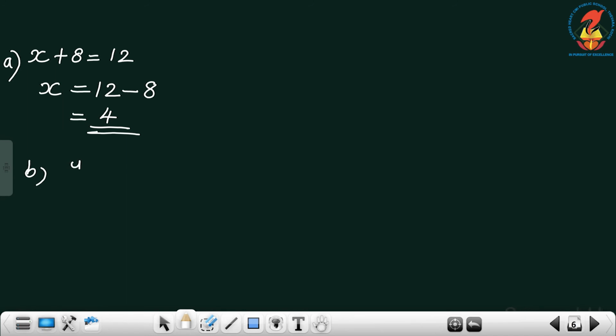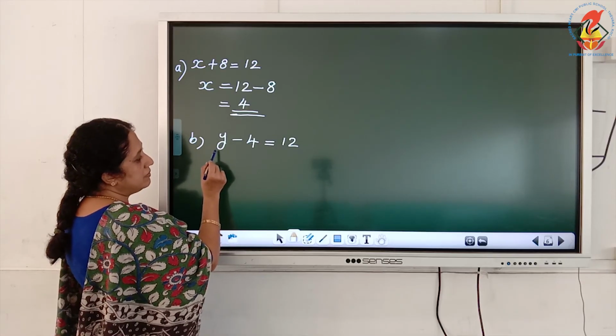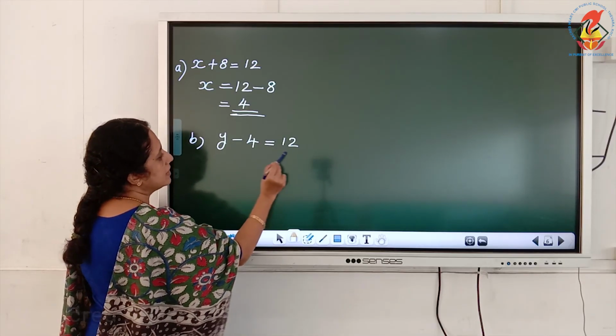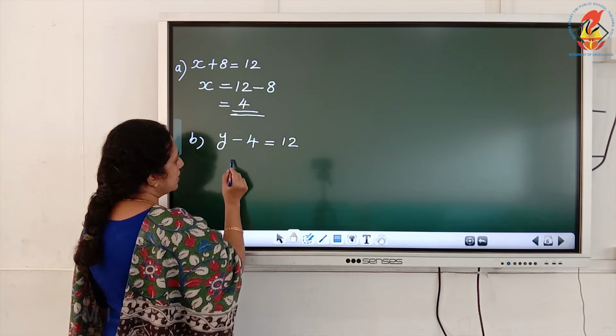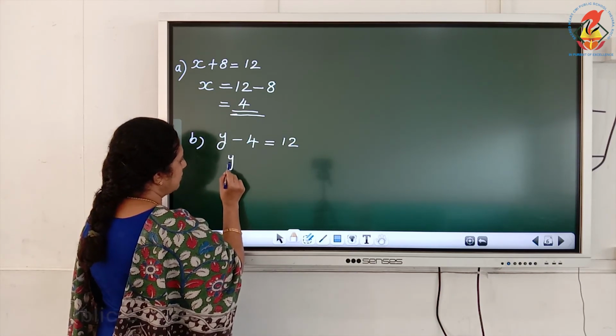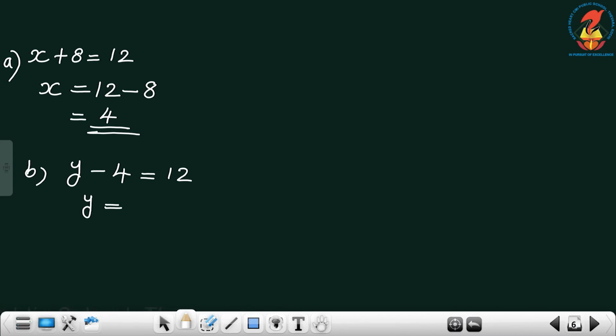Second example, y minus 4 is equal to 12. Here the variable is y. We have to find the value of y. So that will be the solution of this equation. So y you have to keep on the left hand side itself. So write y first. Then equal to, we have to transpose negative 4 to the other side.